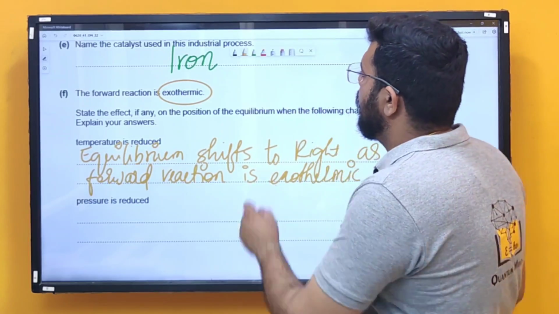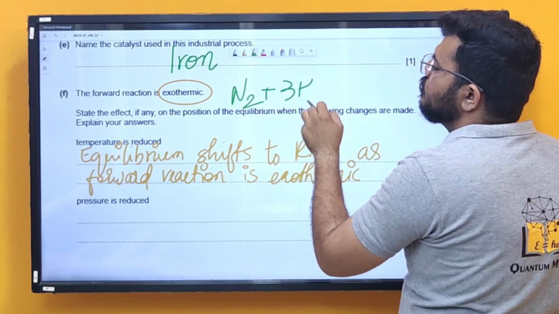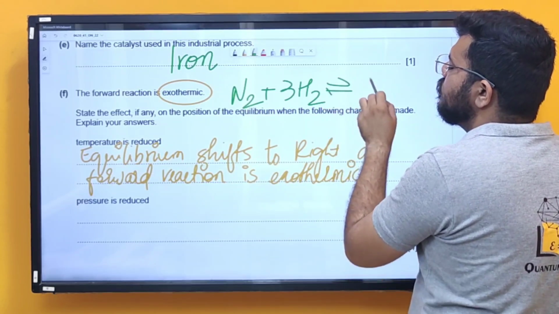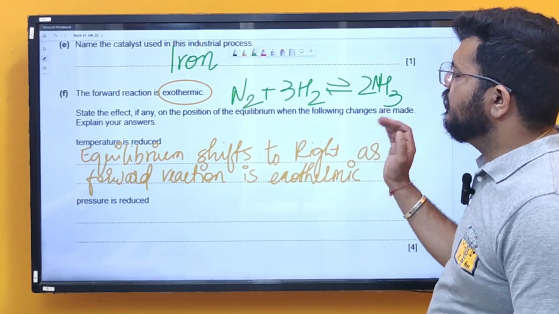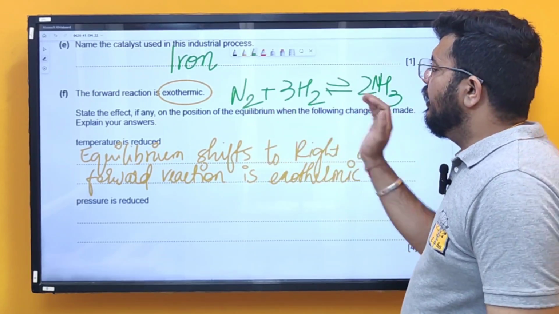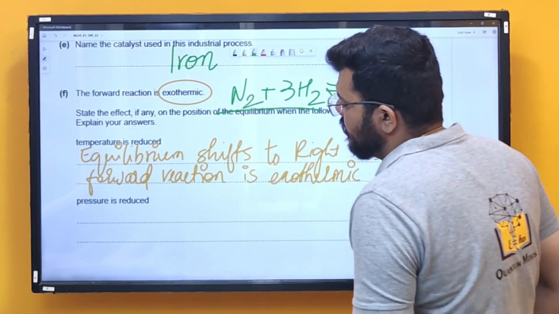Pressure is reduced. Now let me just write the reaction here. N2 plus 3H2 reversibly gives 2NH3. Now if you reduce the pressure, the equilibrium shifts towards the left, right? Because there are more moles on the left-hand side.